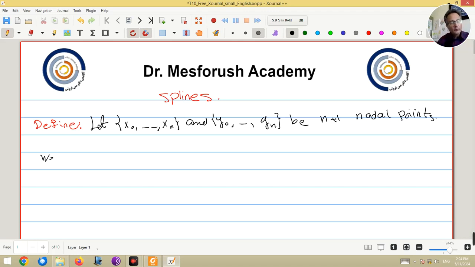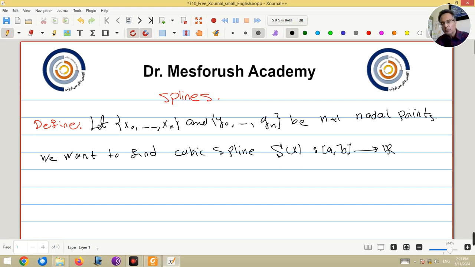Now we want to find a cubic spline S of x from the interval a and b to R, such that S at each xi is equal to yi for i equal to 0 to n.